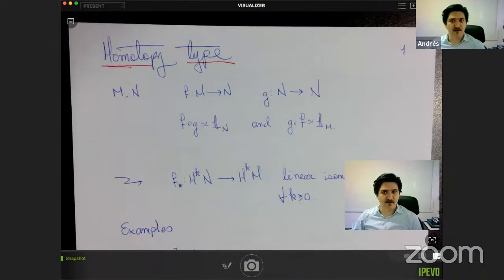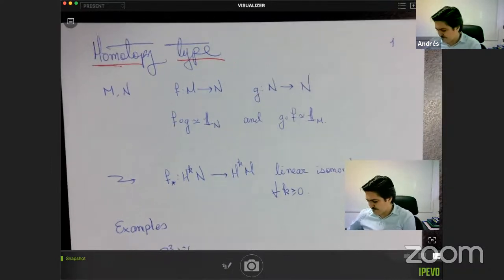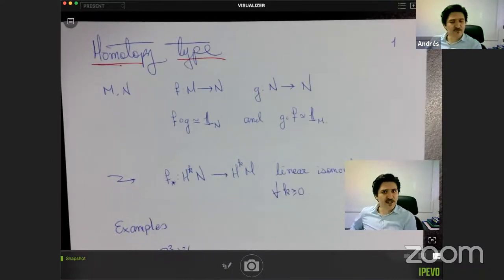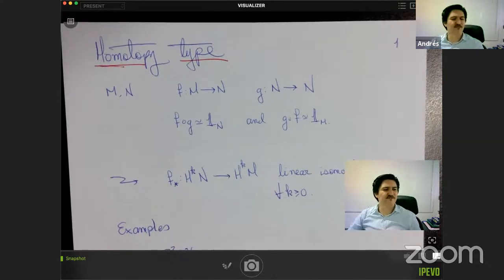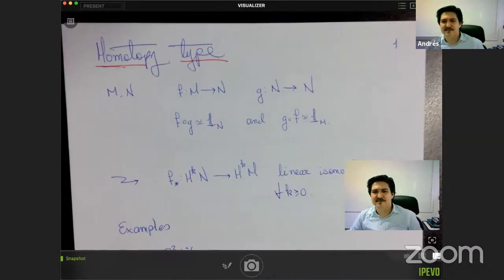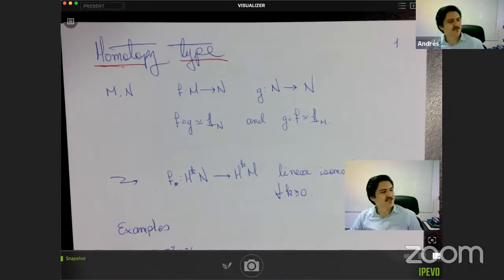to compute the cohomology, the de Rham cohomology of some manifolds. We have computed the de Rham cohomology for the real line, also for Euclidean space, and what else?